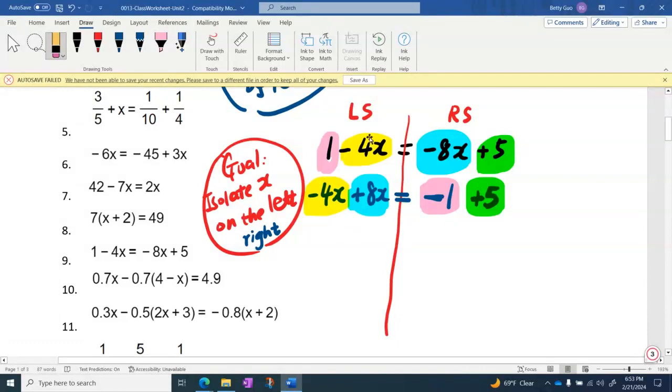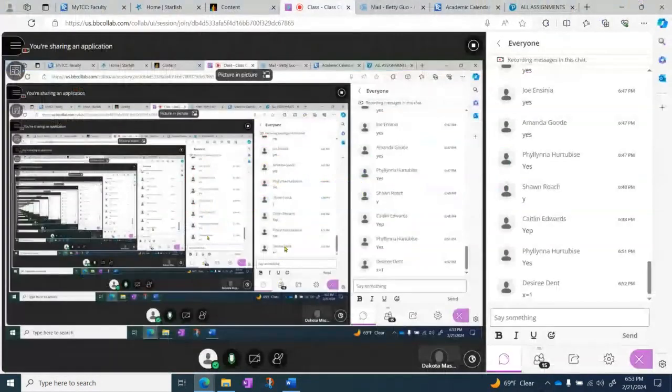So what happened is yellow stayed the same side. Green stayed the same side. Blue is moved from right to the left, so the sign is flipped from negative to positive. Pink goes from left to the right, and pink goes from positive to negative. I like this method a lot.